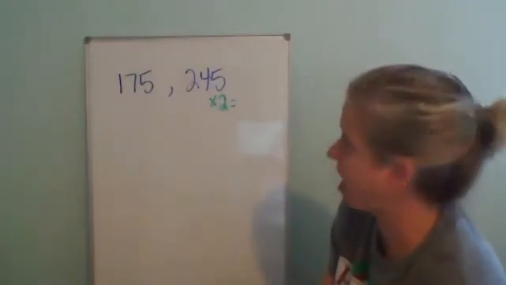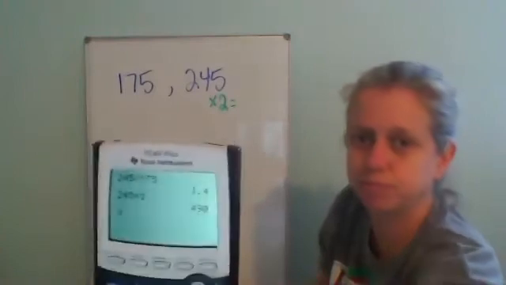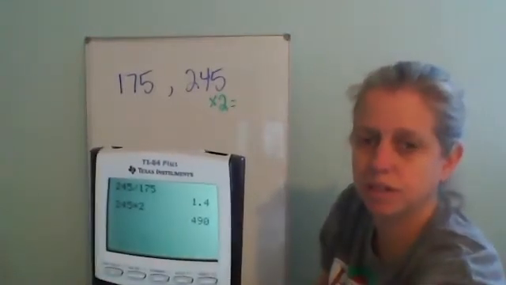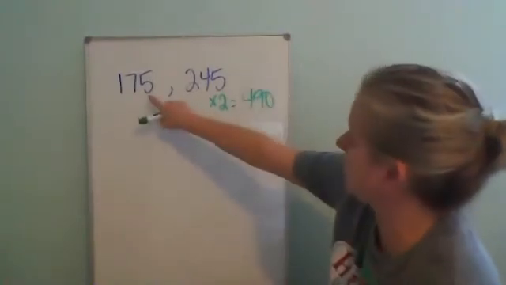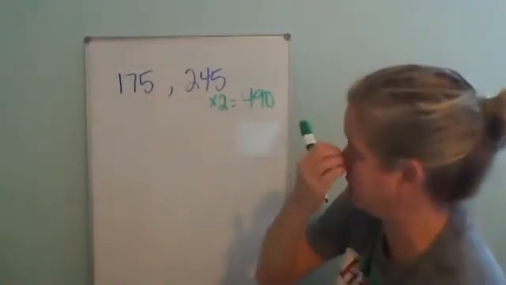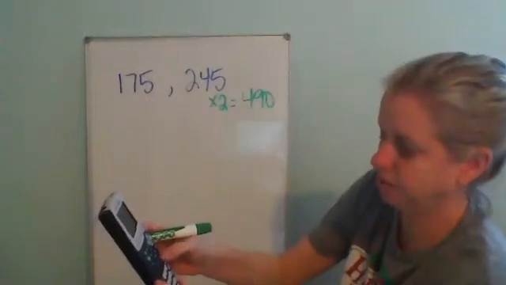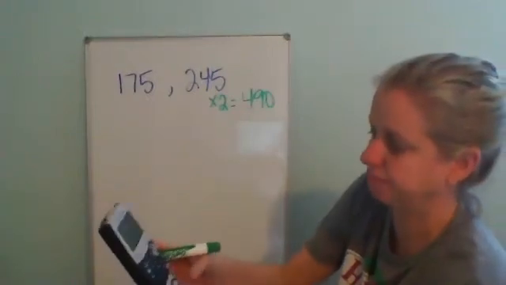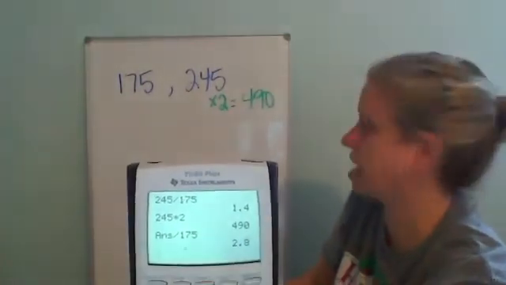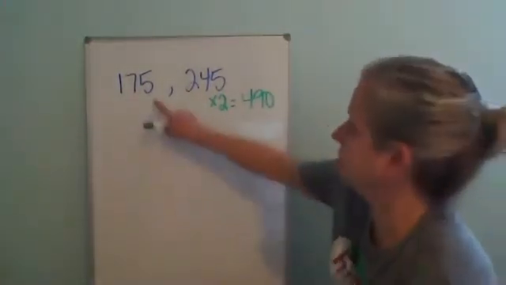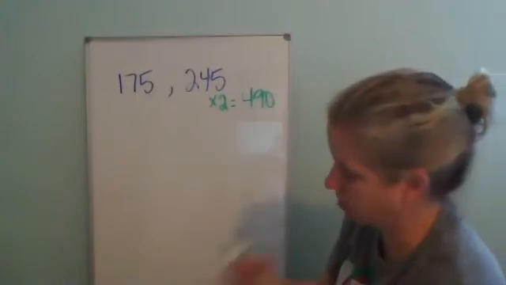So 245 times 2 gives you 490. So let's see, will that divide by 175? So divide that by 175. So when I divided 490 by 175, it gave me 2.8, which means no, 175 will not go into it.